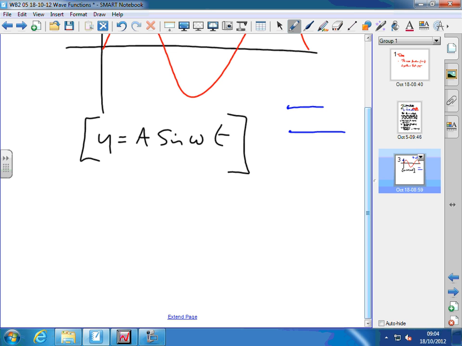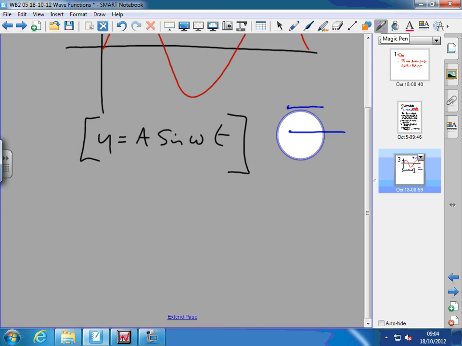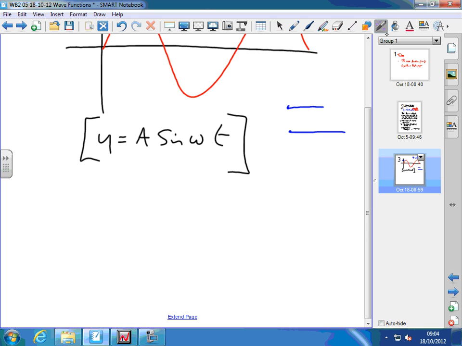If we think back to our rotation again, and again this is taking us back to unit 4, one complete oscillation means that it's gone round 2 pi.